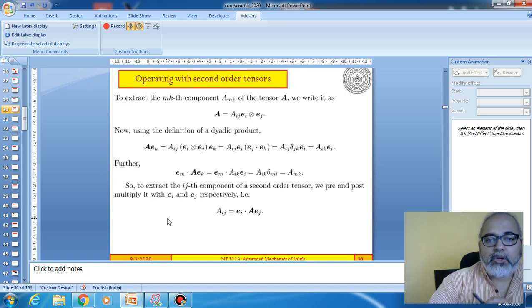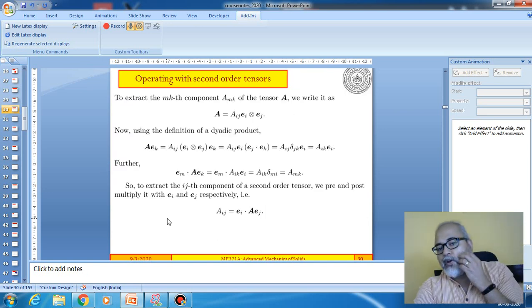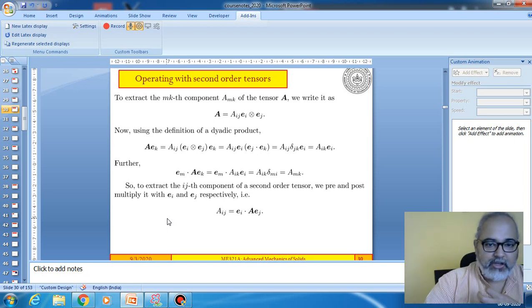Then we looked at the ways of extracting components of a second order tensor from the tensor itself. We made the point that to extract the ijth component of a tensor, you need to post multiply by Ej and pre multiply by Ei. Again, A is a second order tensor. This Ej is a first order tensor or a vector.